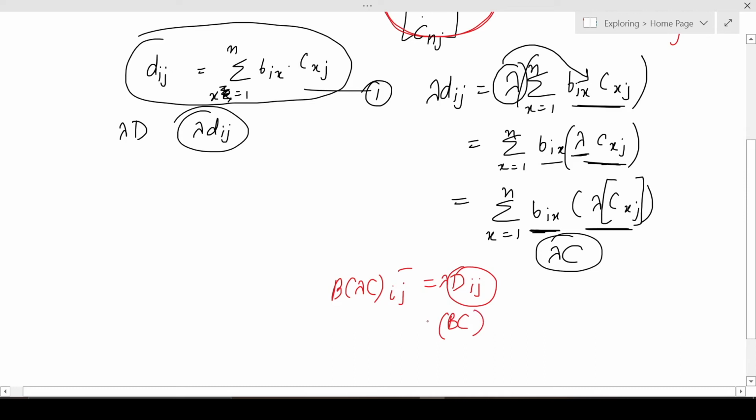So lambda times bc matches b lambda c entry by entry, because I have taken any general row and general column, and I have proved that the corresponding element in the same position will be equal.